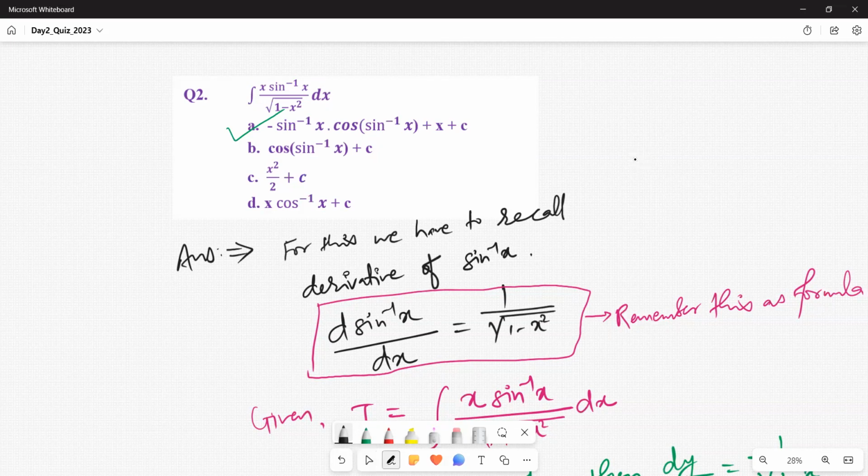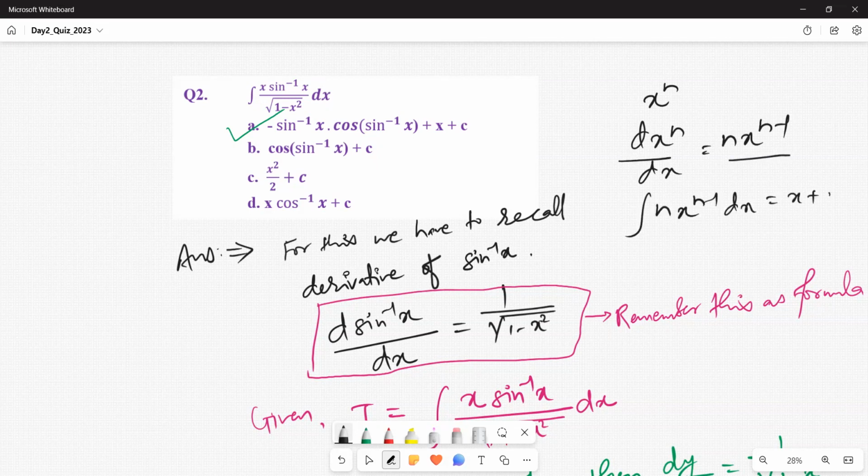For example, if we have x to the power n, and you calculate the derivative with respect to x, what will you get? n x to the power n minus 1, right? And when you do the integration of n x to the power n minus 1 dx, what will you get? You'll get x to the power n plus c.